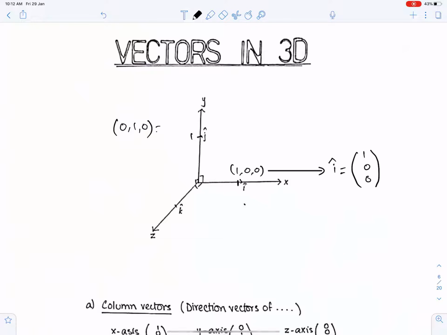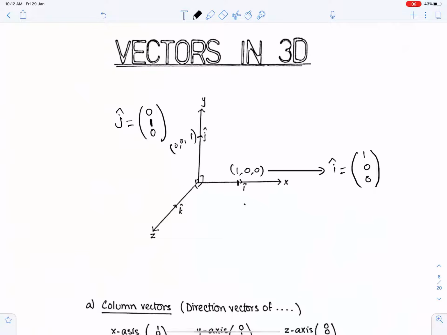You can write this in vector form as just j or 0, 1, 0. This is the direction vector of the y-axis.